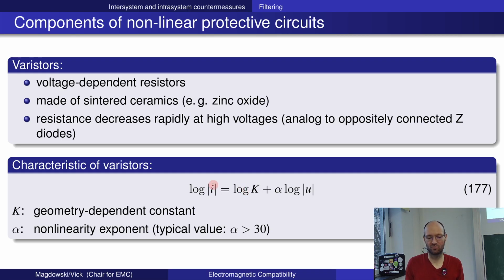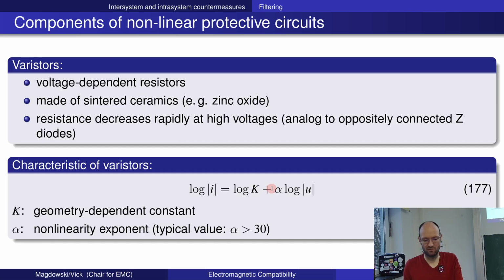For the diode, the exponential function is inside the Schottky equation, and if you take the reciprocal function, it's some logarithmic function, and that's why here it's written in a way of this logarithmic function. So current and voltage have some logarithmic or also exponential relationship, and there are some factors in there, one depends more on the geometry and one is some nonlinearity exponent.